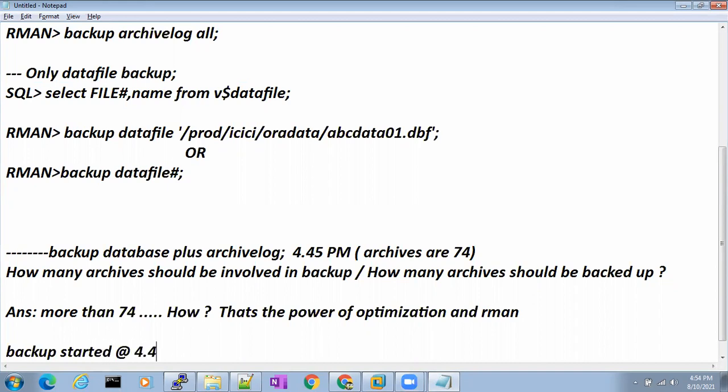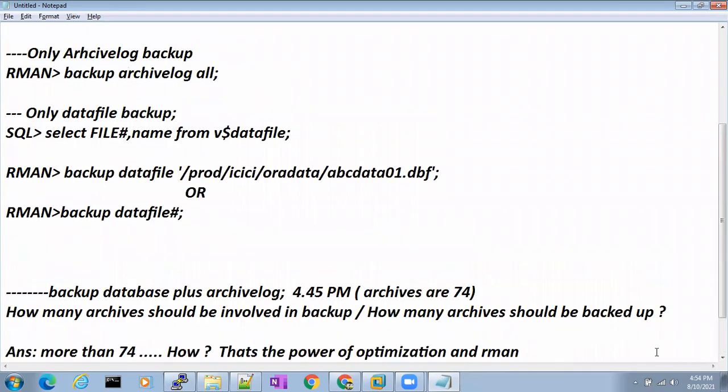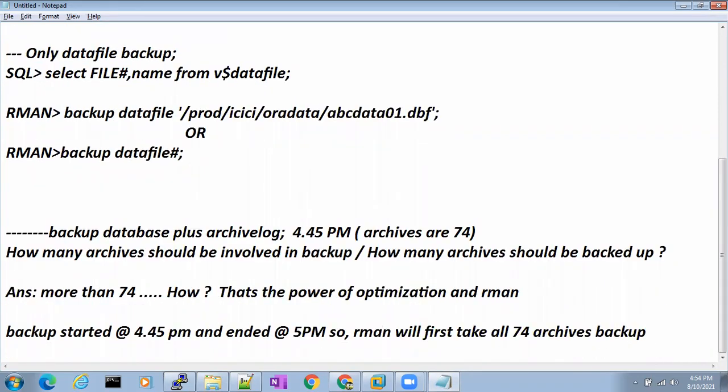The backup started at 4:45 p.m. and ended at 5 p.m. So RMAN will first take all 74 archives backup.